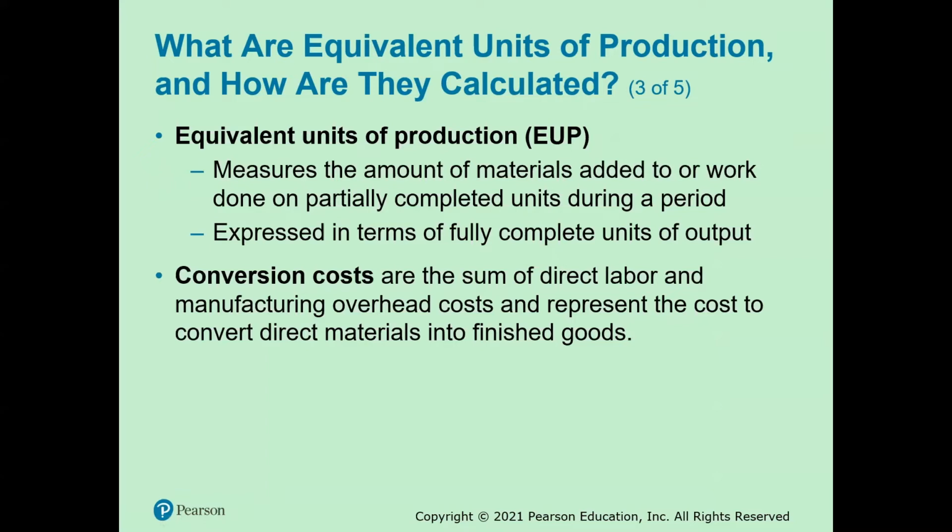It measures the amount of materials added to or work done on partially completed units during a period. It is expressed in terms of fully complete units of output. And the conversion costs are the sum of direct labor and manufacturing overhead costs, and it represents the cost to convert direct materials into finished goods.